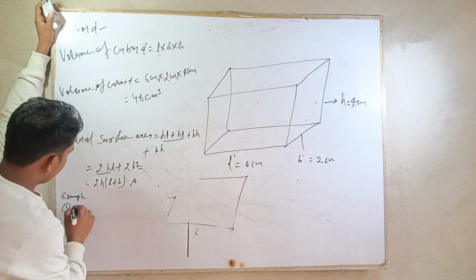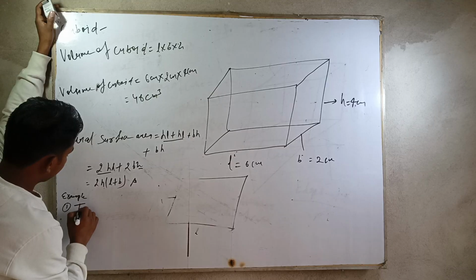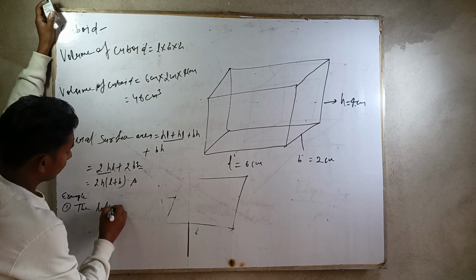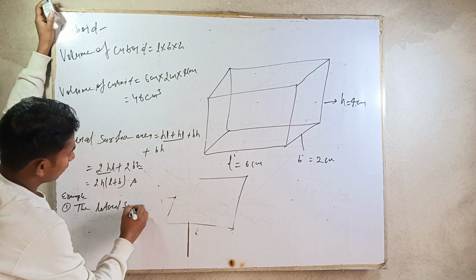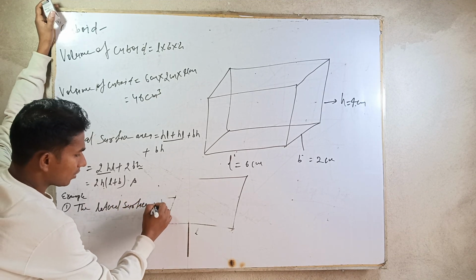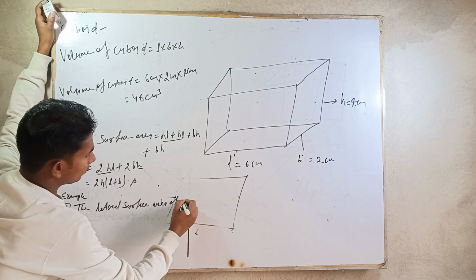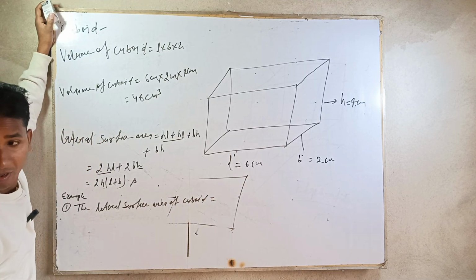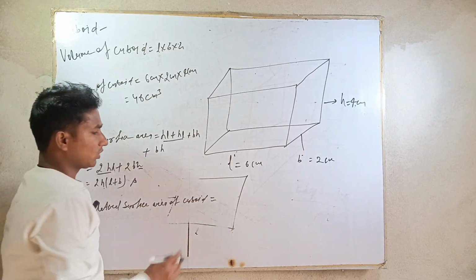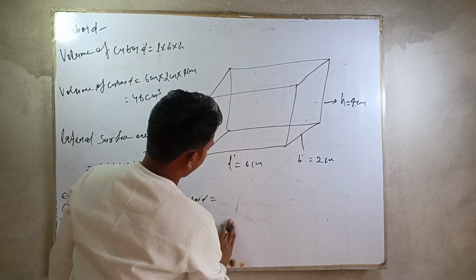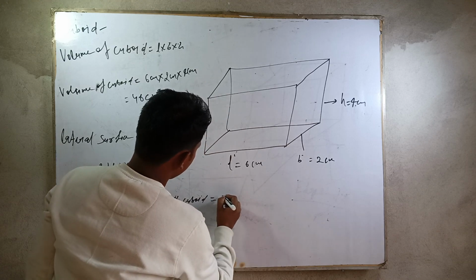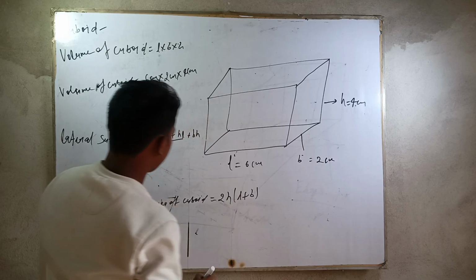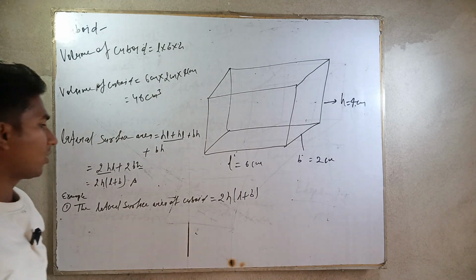What will the lateral surface area of the cuboid be equal to? 2 into h into l plus b. This one is the lateral surface area of the cuboid.